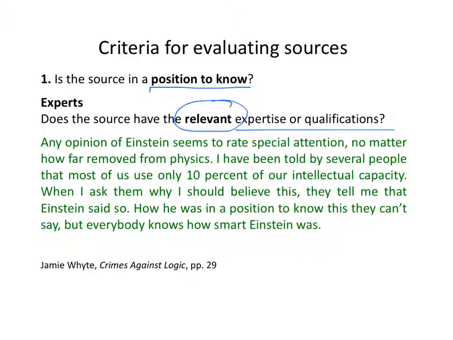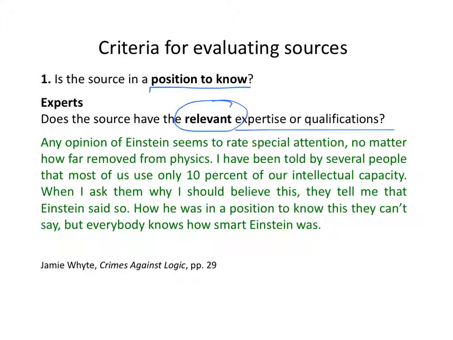Well, now, the point here is that Einstein is an expert, of course, in certain aspects of physics and certain aspects of mathematics, but not in cognitive science or psychology. So this claim isn't really the kind of thing that Einstein would be in a position to know, smart as he was. So, as Jamie White goes on to say in the next paragraph, "So don't be bullied.